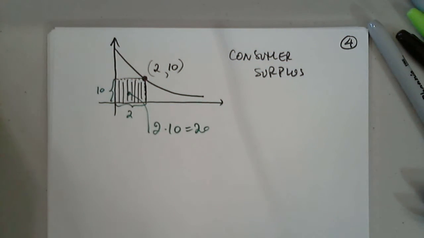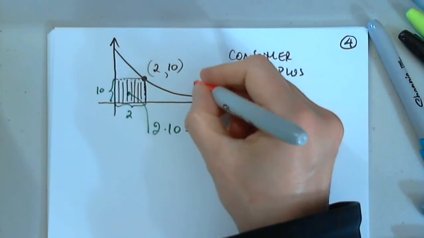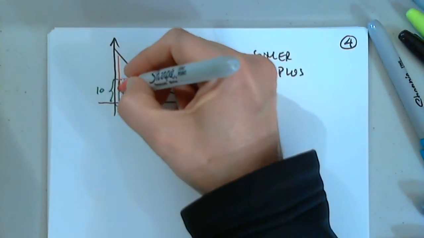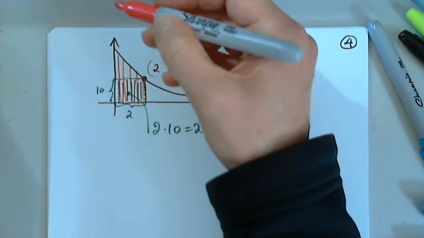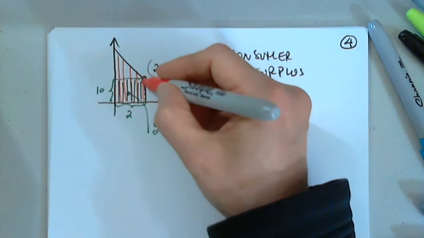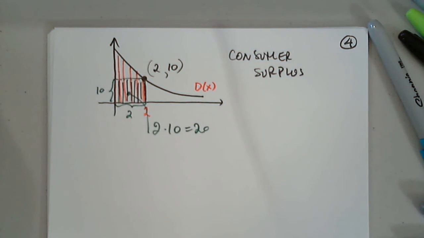Great. Now, next question. This is our demand function. Can anyone tell us how to calculate this area between 0 and 2? Something that we learned in the previous chapter.